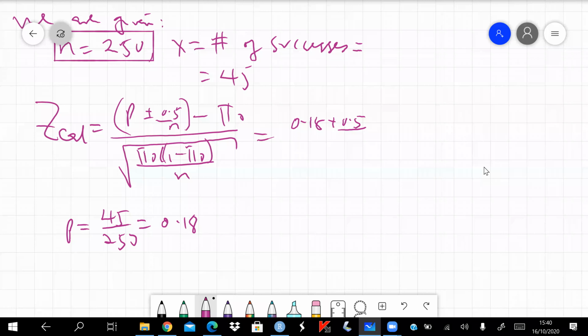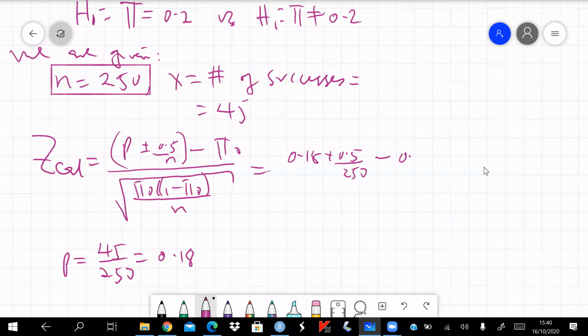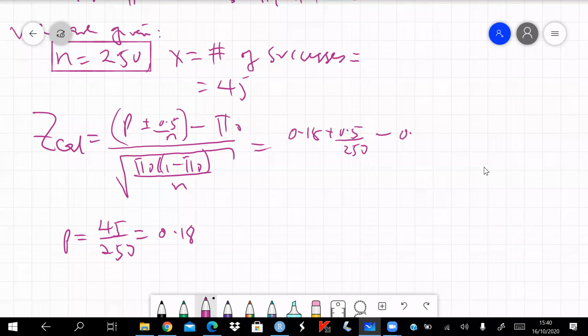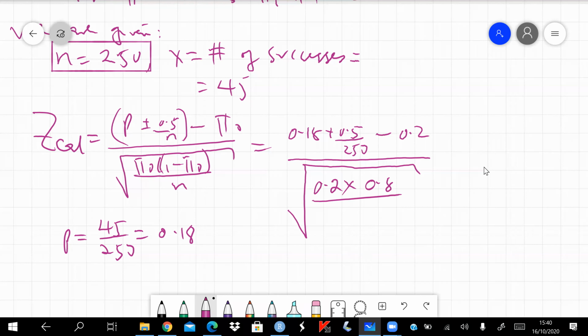Our n is 250. Then after that minus pi naught, and our pi naught is the hypothetical value, which is 0.2, divided by the square root of 0.2 multiplied by 1 minus 0.2, which is 0.8, divided by 250. So that's our z calculated.